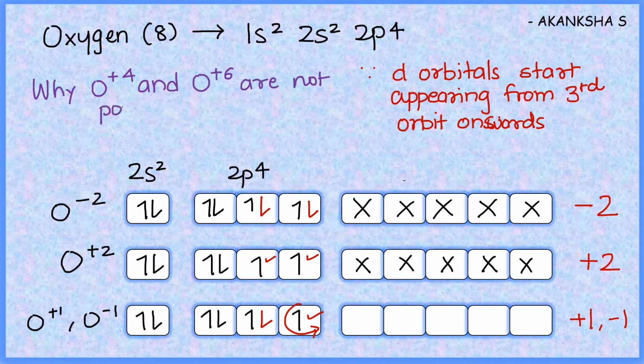The reason is given just on the next slide: because d orbitals are absent in oxygen. Very famous question asked. If d orbitals are absent, higher oxidation states cannot be achieved. This summarizes our group 16 oxidation states and how we can remember them.